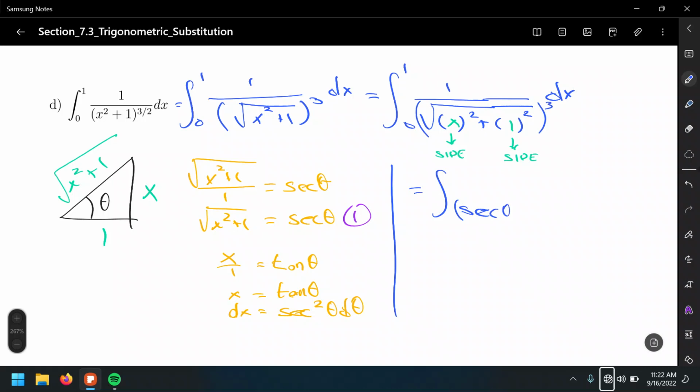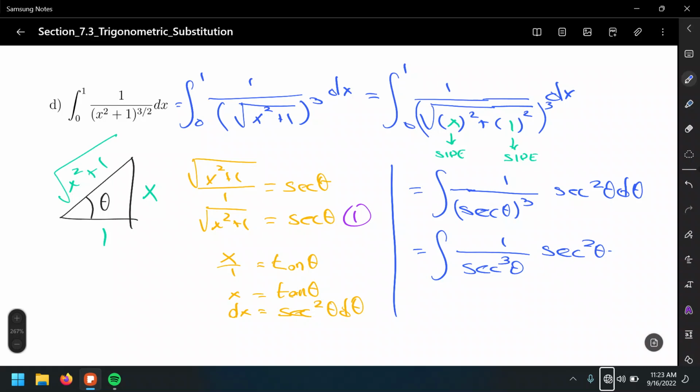So secant theta to the third power, and dx, which becomes secant squared theta d theta. So that's equal to secant cubed and secant. Cancel these two with 2. That's 1 over secant.